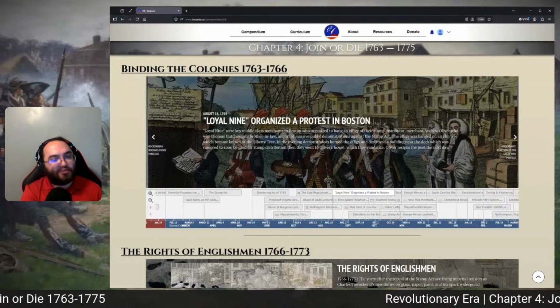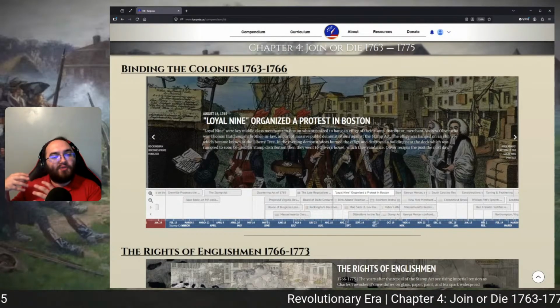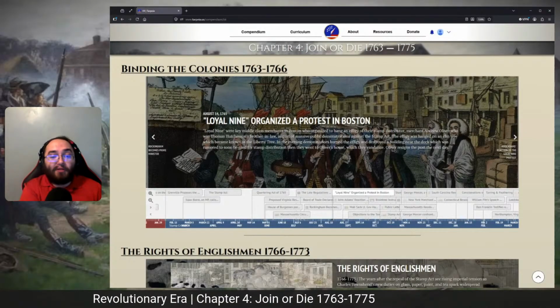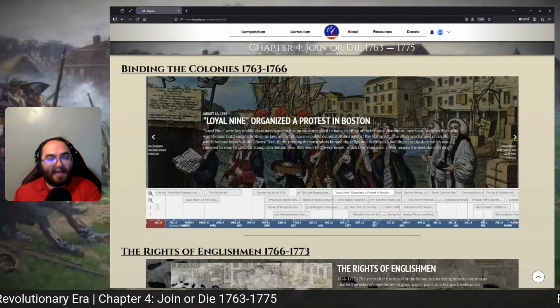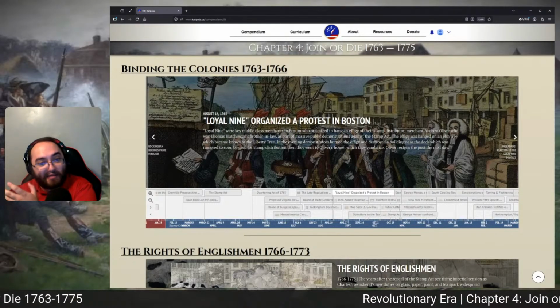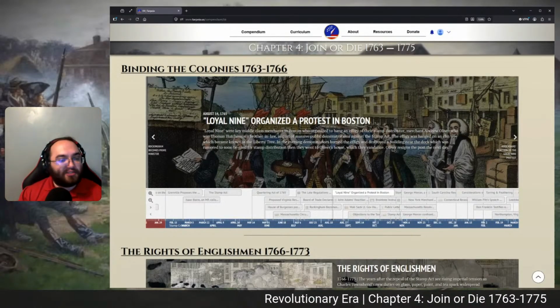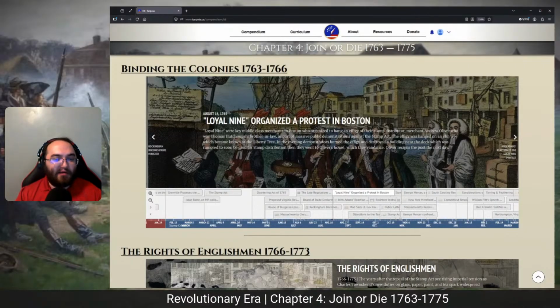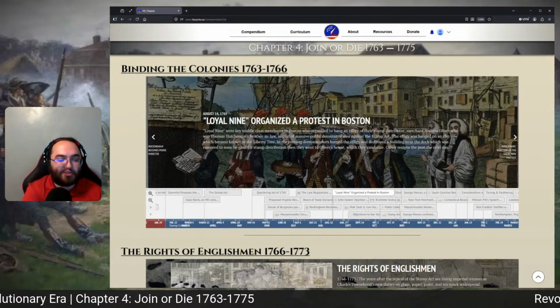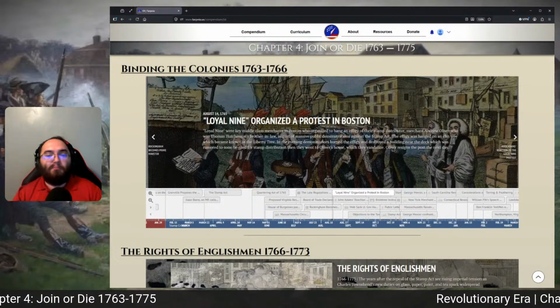That religious tradition gets transitioned into a new political tradition, where instead of burning the Pope, you're now burning tax collectors. And pretty soon, you're going to be burning the king in effigy. So that's just a very interesting aspect of this time period, this relationship between the religious traditions evolving into political traditions.